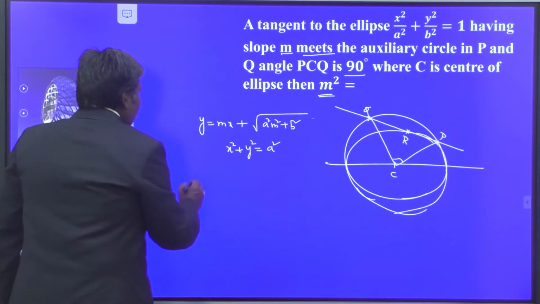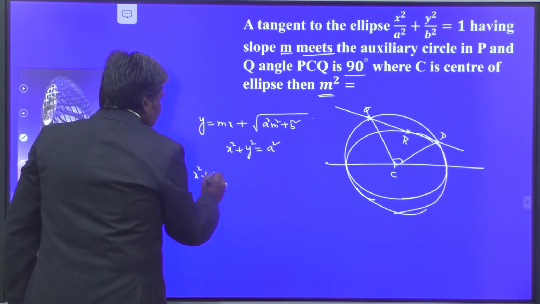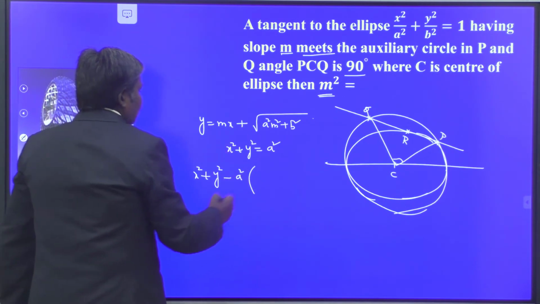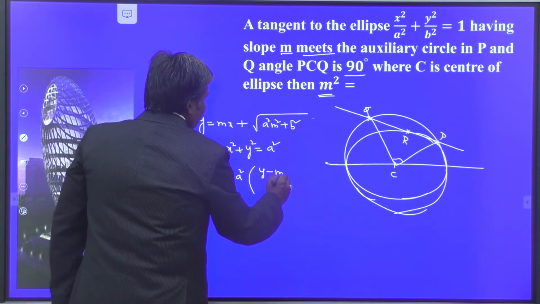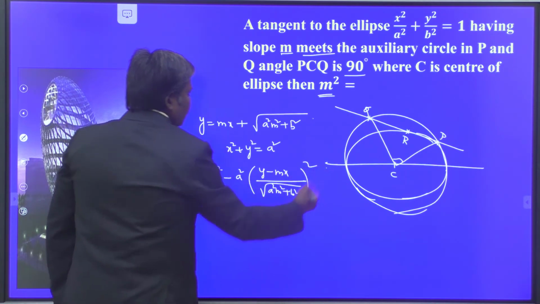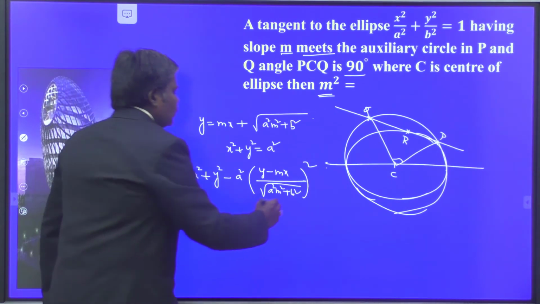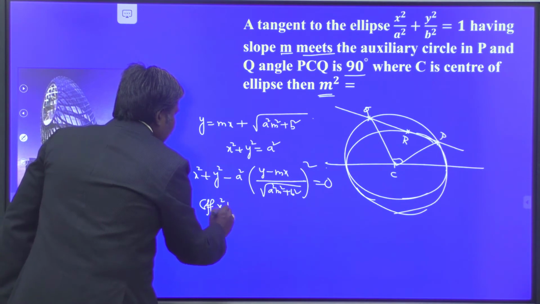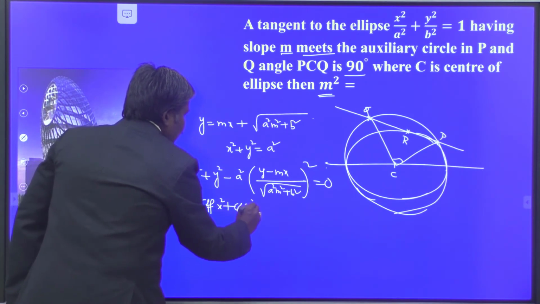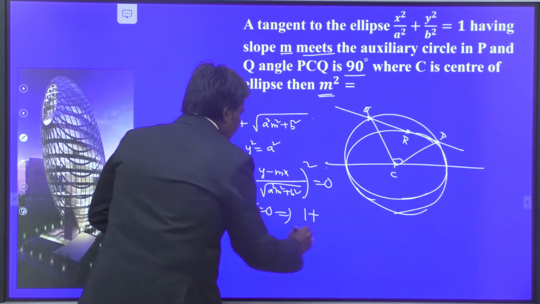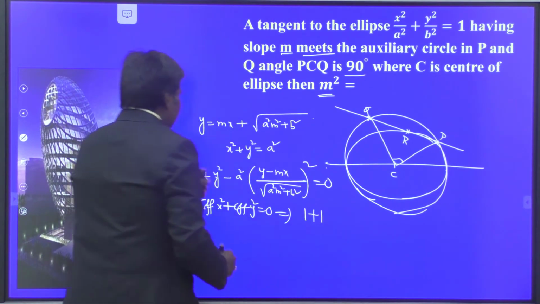Okay? Now, x square plus y square minus a square times of 1 square. Instead of 1, what you have to write? 1 minus mx by root of a square m square plus b square, whole square you have to write. That is equals to 0. Here, coefficient of x square plus coefficient of y square is equal to 0 implies 1. Again you have to write plus 1, y square coefficient.